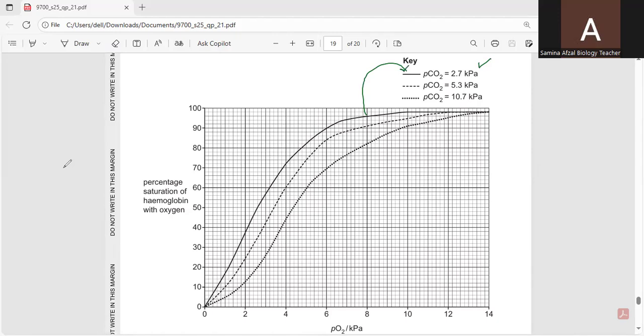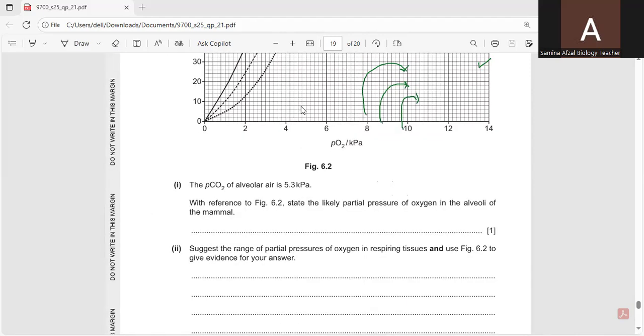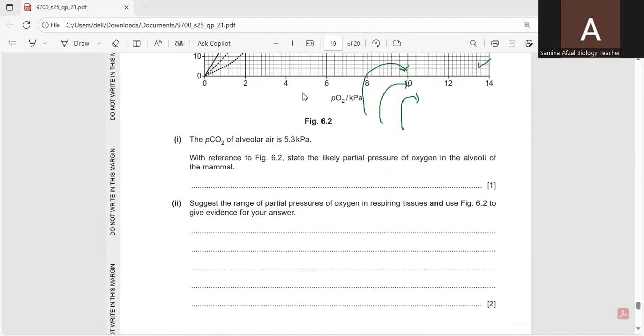The second curve, the dotted line, is 5.3, and the very small dots show 10.7 kilopascals. These show the percentage saturation of hemoglobin with oxygen. So we will move to what they have asked first, then we will come back to these curves.